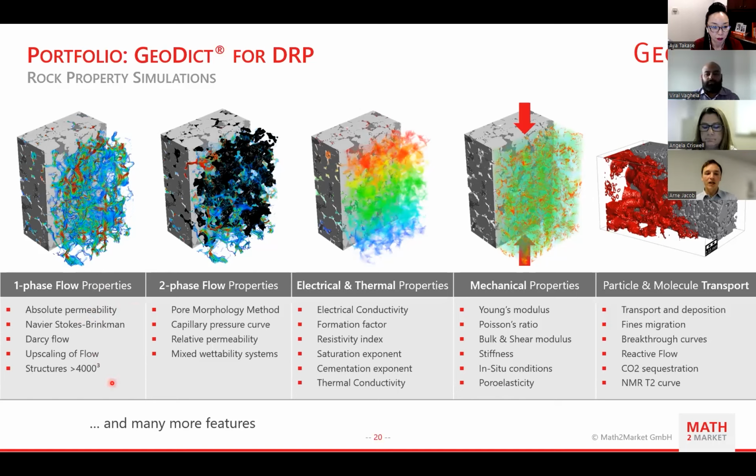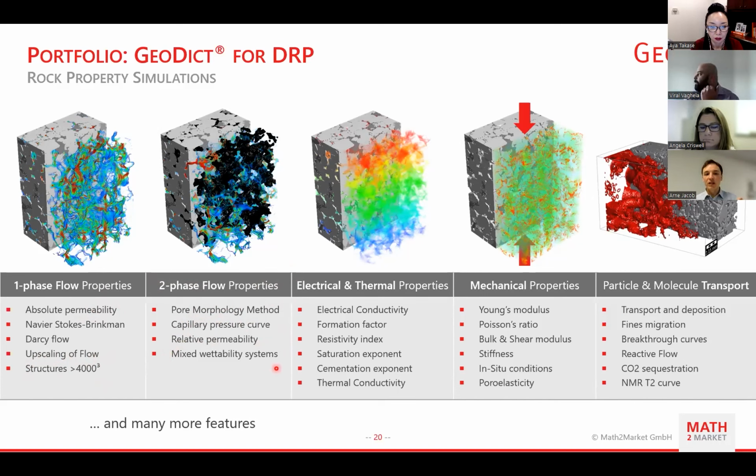And our solvers are so efficient that they can even be run on structures that are 4,000 to the power of 3 voxels big. So a huge amount of data we are talking about here. But we also have applications for two-phase flow properties, where we use the pore morphology method to compute capillary pressure curve and relative permeability.